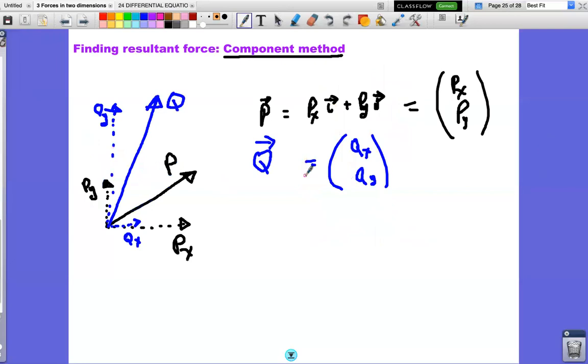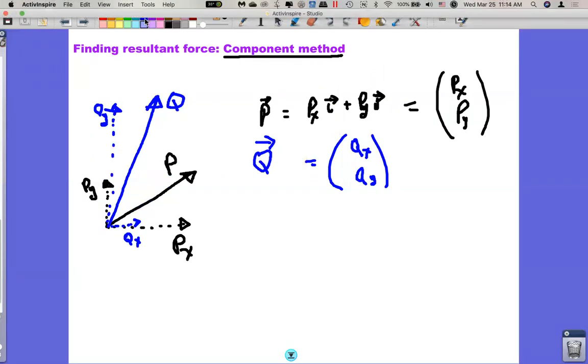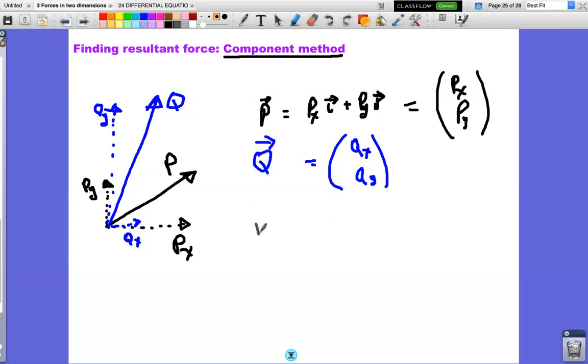In other words, we are just saying that you just add the forces as vectors, as column vectors. So P plus Q will just be the sum of column vectors, Px, Py plus Qx, Qy.